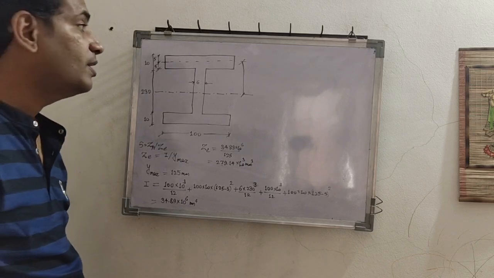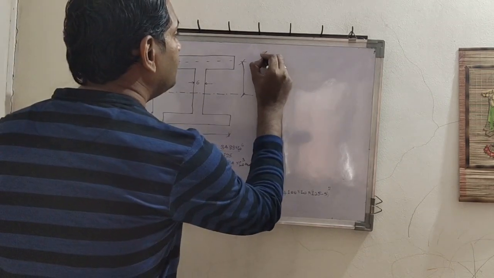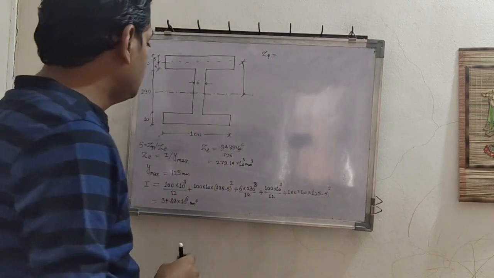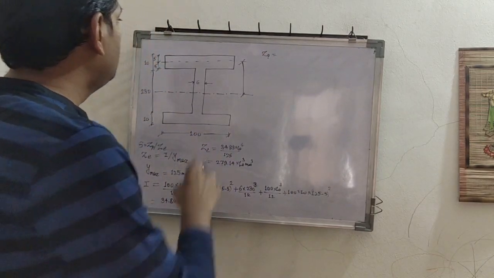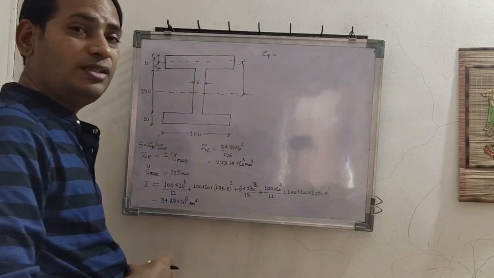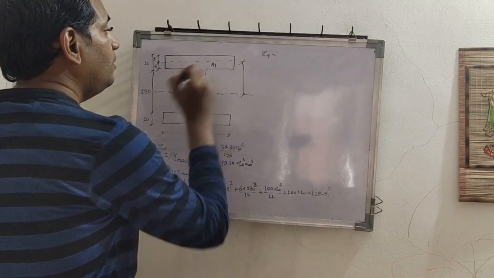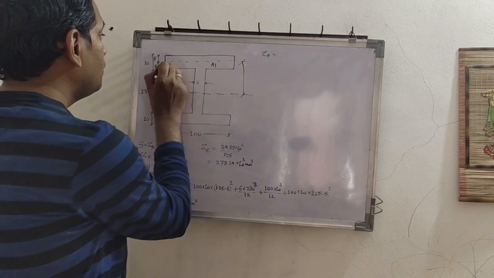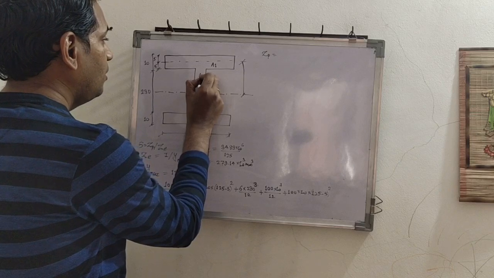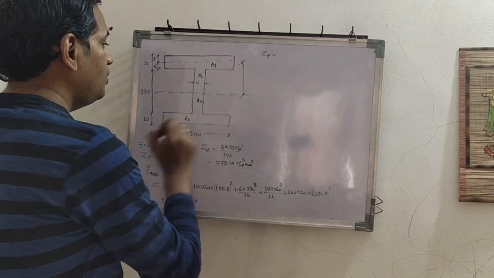Now we need ZP. How to find ZP? ZP is equal to A1Y1 and so on. We will divide this I section into 4 parts. One is here A1, another is from this level up to neutral axis, A2, then A3, and then bottom flange is A4.